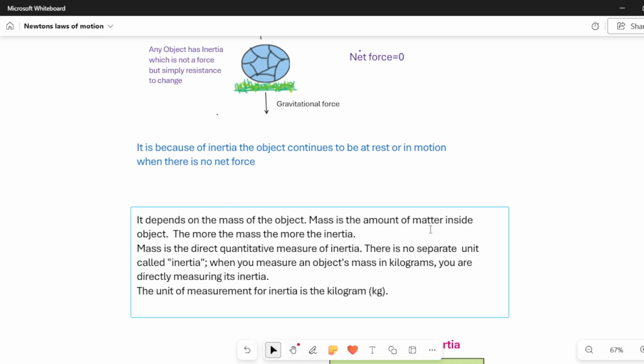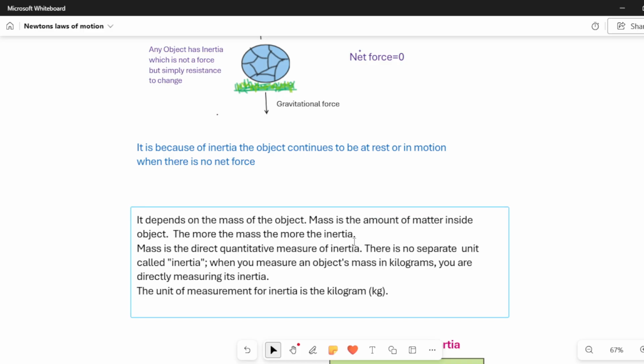The more the mass, the more the matter inside the object. Okay, so what is matter, first of all? We know that it's solid, liquid, gas. So matter has mass and it occupies space. So mass is the amount of matter which is present inside the object.